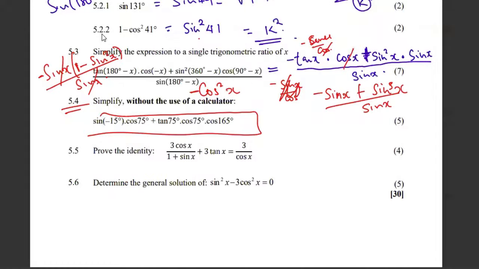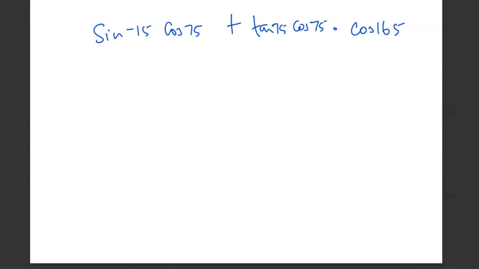Okay. All right, so that is what we are having. Now, how do we break this down? Okay, so we can move this one to that side. So that's a negative sine 15.